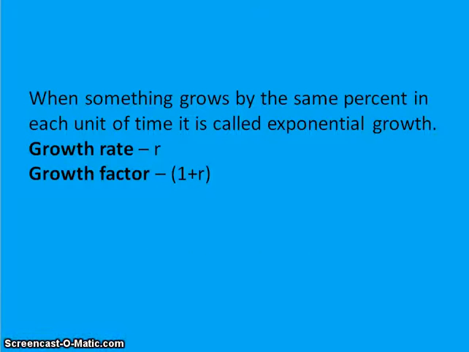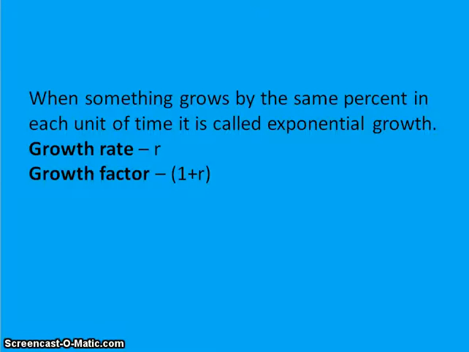So the first thing we need to consider is what is an exponential growth function. So when something grows by the same percent in each time period. So the time period can vary from seconds to minutes to years. There's a lot of variations it could be, and that will often be a rate.